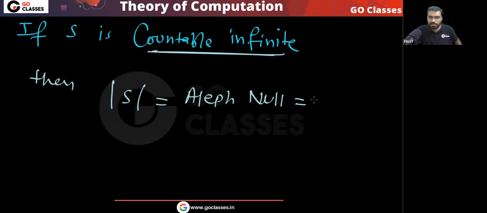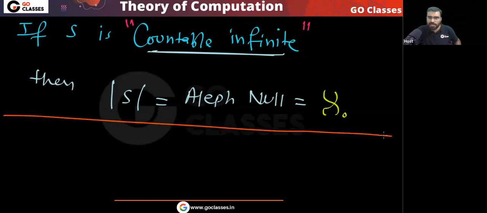I don't know how to create this symbol, but you can just check it out. So if S is countably infinite, then the size of S will be aleph-null. From here you can easily notice that all countably infinite sets have the same size, yes or no? Agree or not?